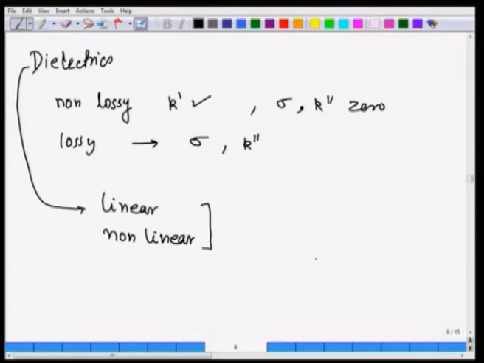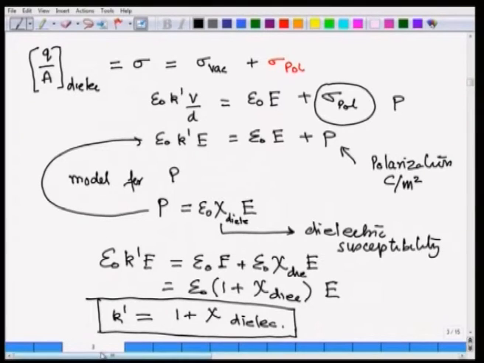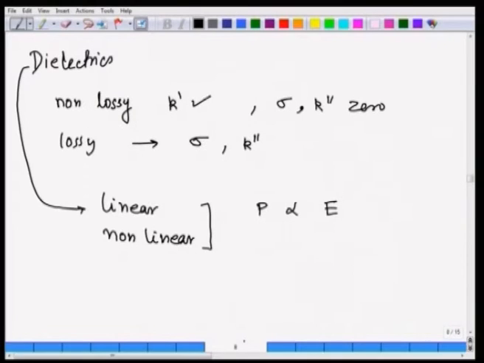This definition comes from the relationship, what is the proportionality between P and E. Remember, if you go back some slides, we had said that the proportionality of P and E is given by this dielectric susceptibility. The question is whether this dielectric susceptibility is also a function of E or is it constant. Now, this is the question we are addressing.